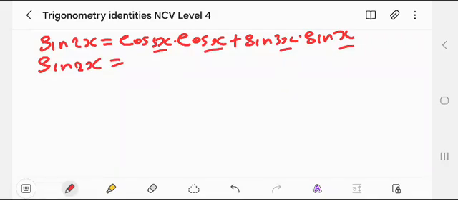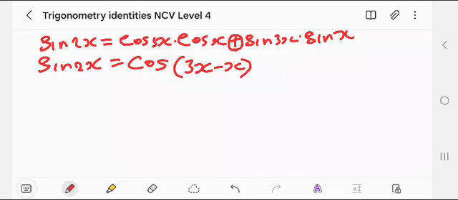This is a compound angle of cos, right? So we know that the compound angle of cos will be cos 3x, but now here there is a plus. Remember, we change the sign when it comes to the other side, it will be negative. Interchange the sign there. Then we have sine 2x.